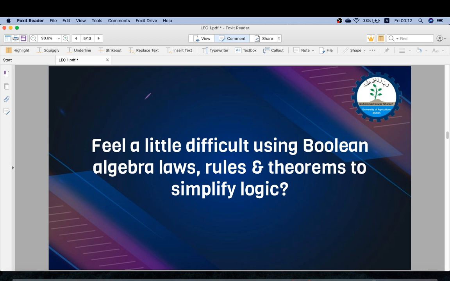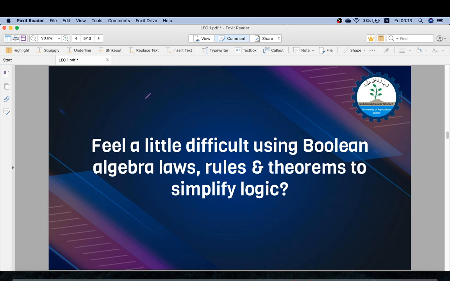If we have a lengthy equation, we simplify it and make it shorter and simpler, so that fewer logic gates are used. Until now, this was only possible by Boolean algebraic laws.